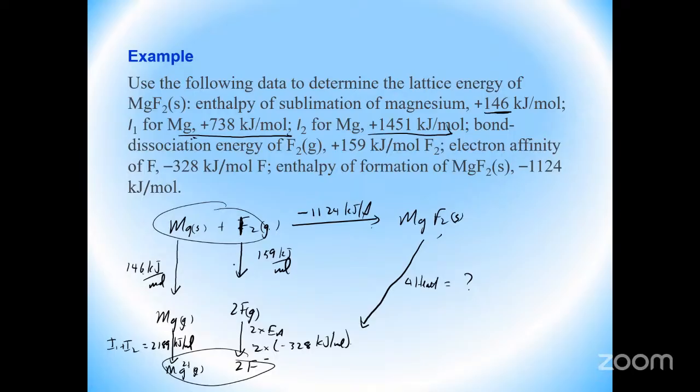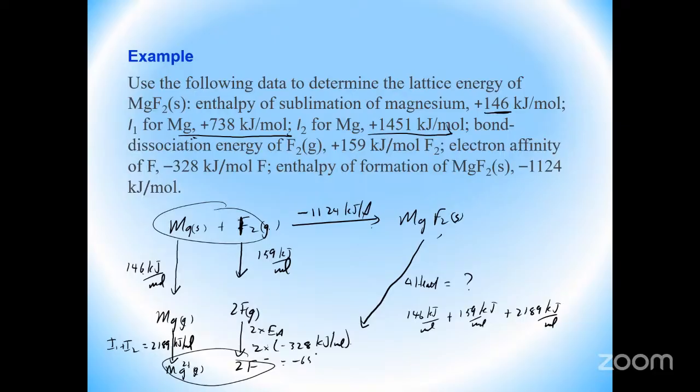If you add this, this, and this, so that's 146 kilojoules per mole plus 159 kilojoules per mole plus 2189 kilojoules per mole. And then, I did not work out that part. So minus 328 times 2 is minus 656.